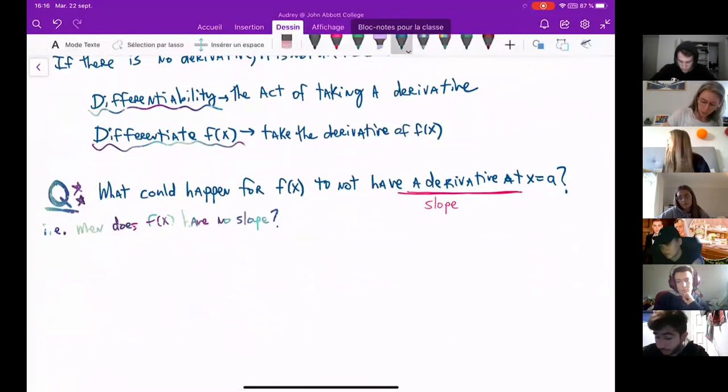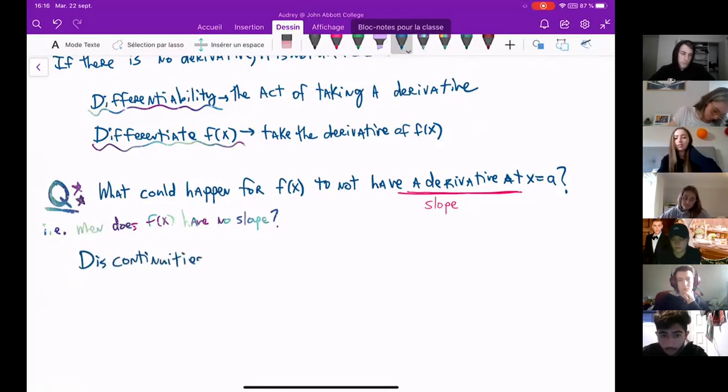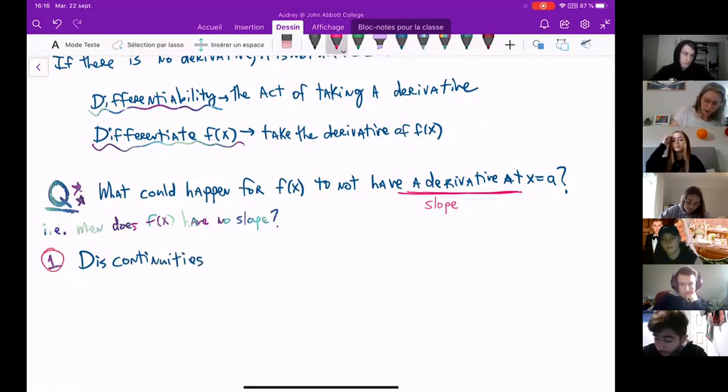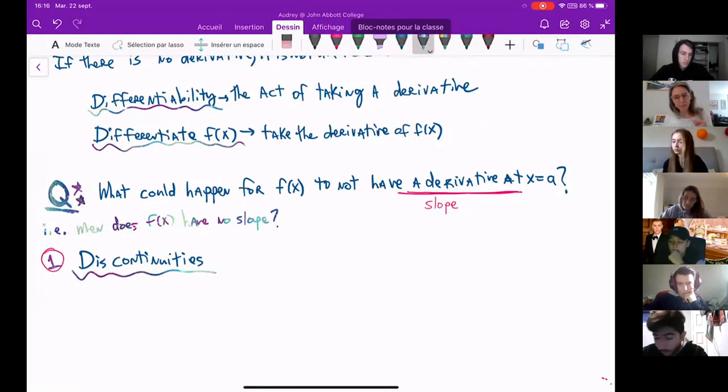So discontinuities. And this is going to be the first time it happens. We have 3 different types of discontinuities.